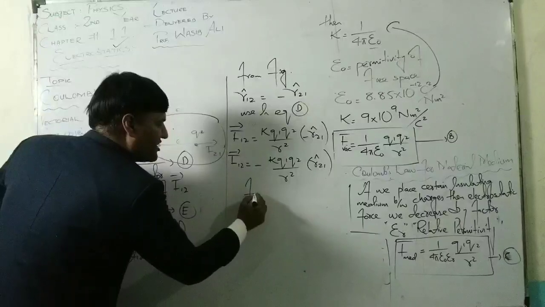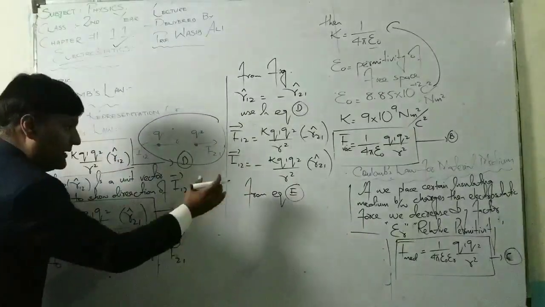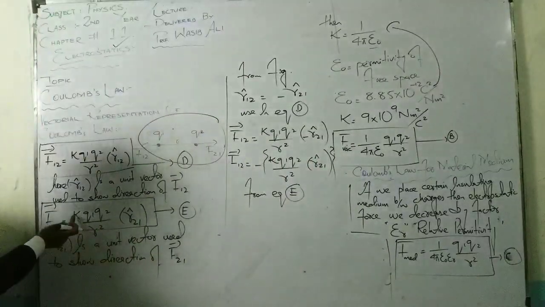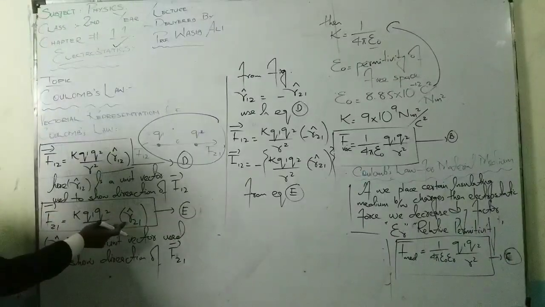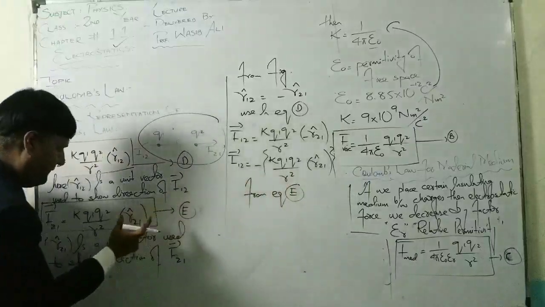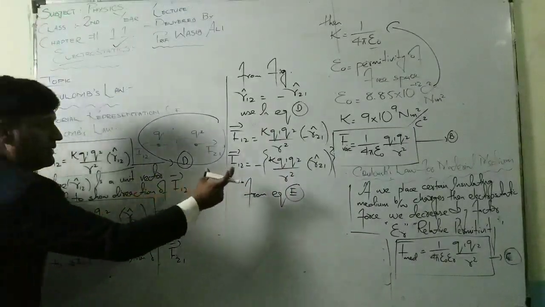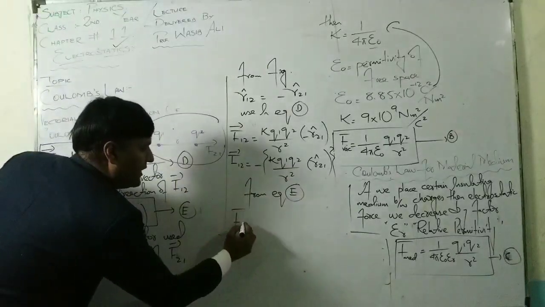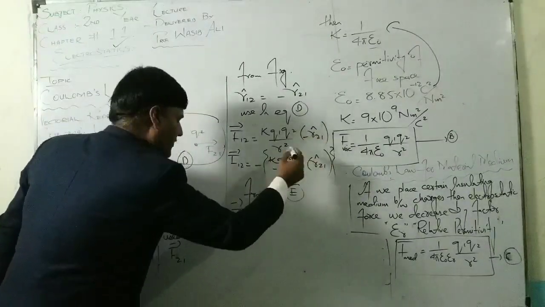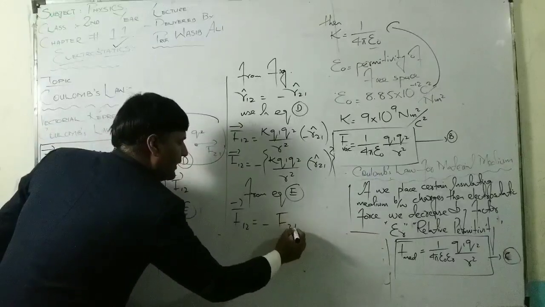Now look at equation number E. This thing becomes the form of equation number E: K Q1 Q2 divided by R square into R21 cap. So from equation number E, this whole term will be equal to F21. So you can write F12 vector is equal to minus F21.